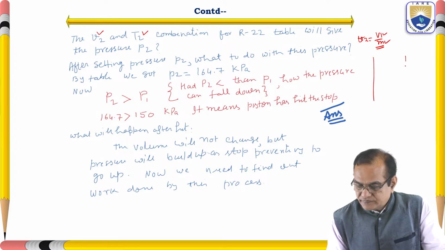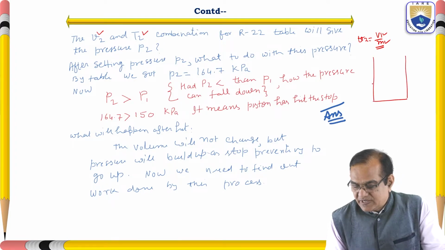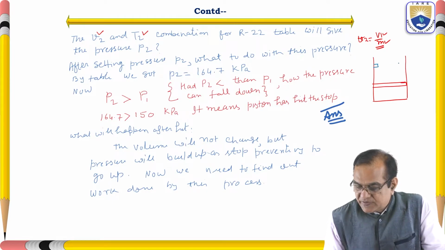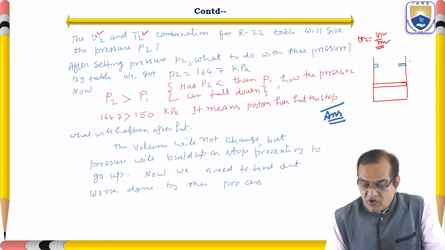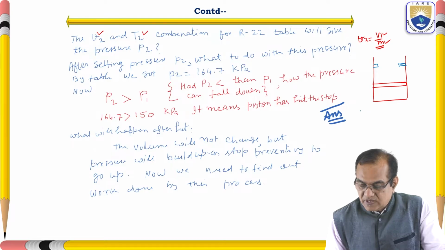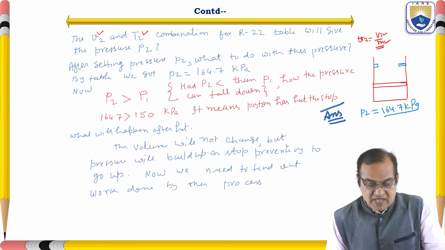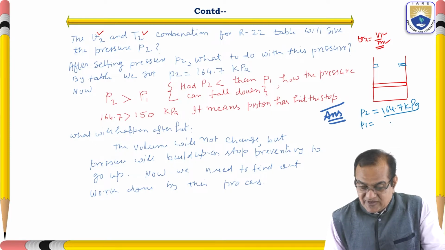Suppose I am drawing here. This is the state, and these are the stops here. We have got P2 from the table, and this P2 is 164.7 kilopascal, and P1 is already given as 150 kilopascal.